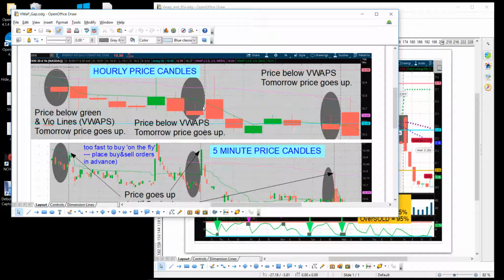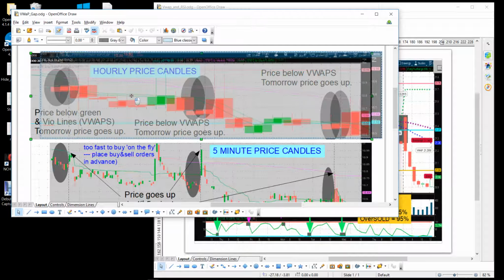If the volume's low and the price has gone up, they'll predict that it's going to come down. What the volume weighted average price does is it merges the volume and the price together with a formula, and it says, hey, this is what's really happening, taking into account both price and volume.